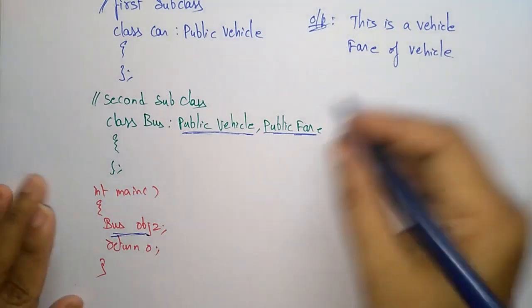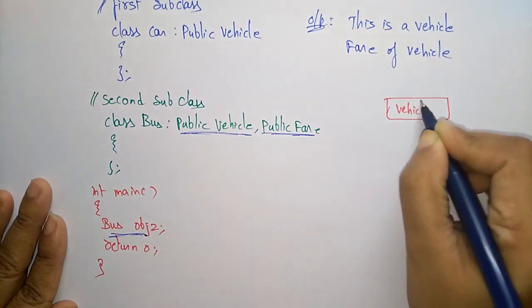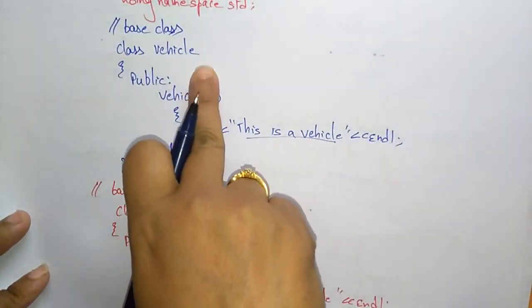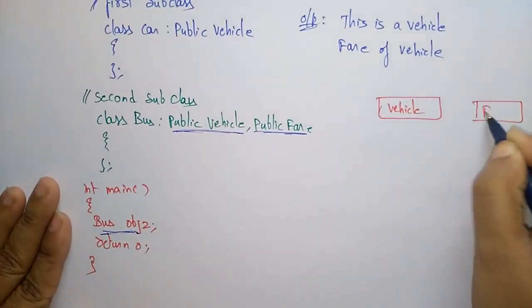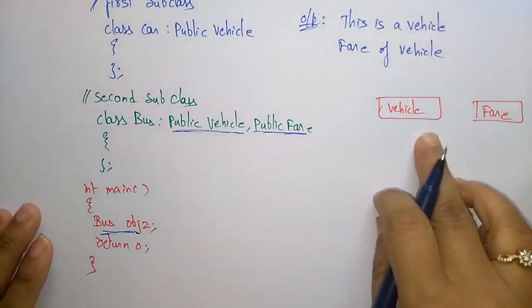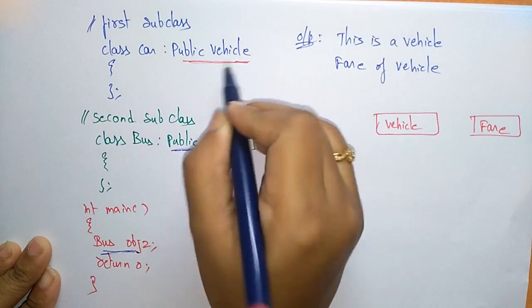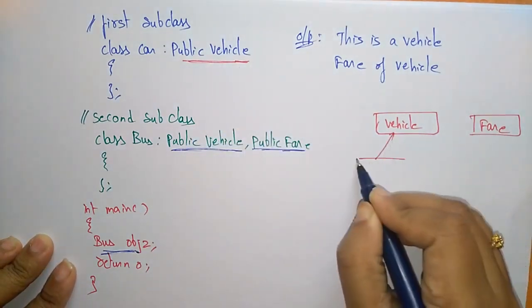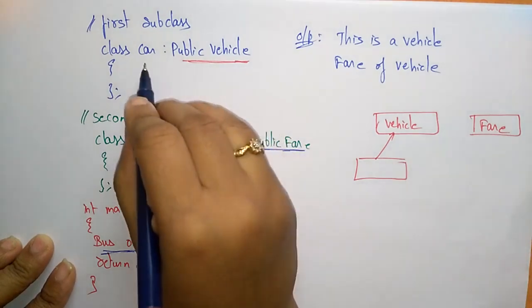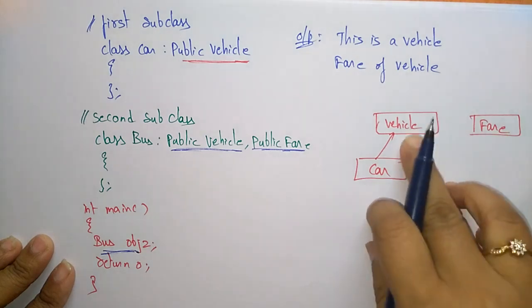Let me represent this in a diagram. This is one base class I created. Here I created two base classes, Vehicle and Fare. The first subclass, Car, inherits the properties of only Vehicle.